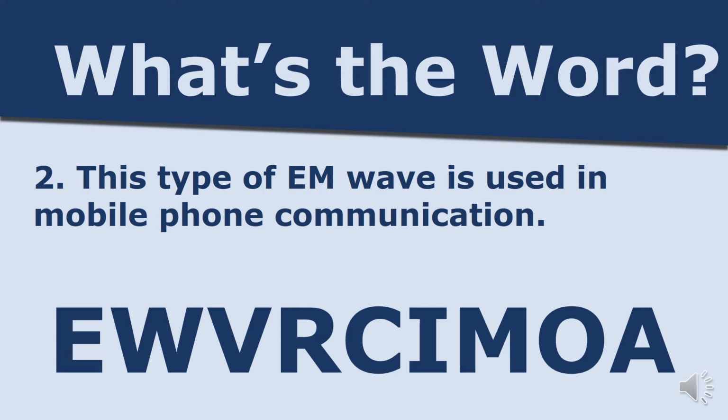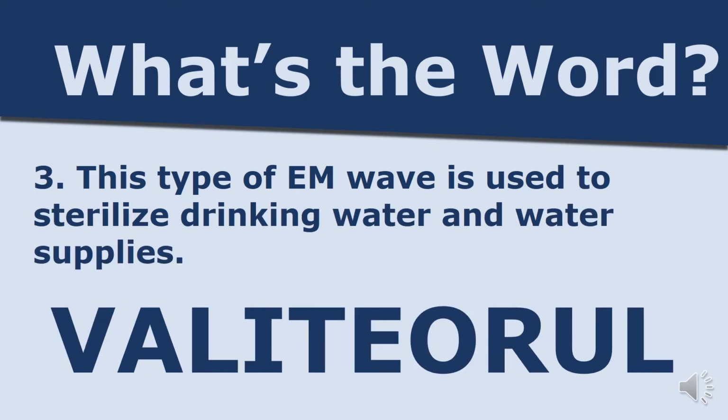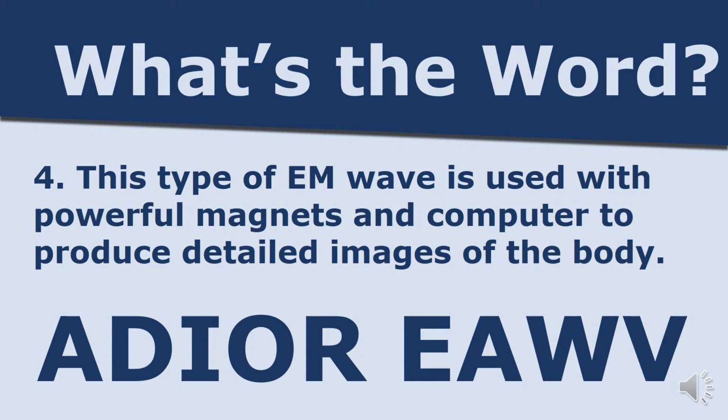This type of electromagnetic wave is used in mobile phone communication. Number 3. This type of electromagnetic wave is used to sterilize drinking water and water supplies. Number 4. This type of electromagnetic wave is used with powerful magnets and computer to produce detailed images of the body.